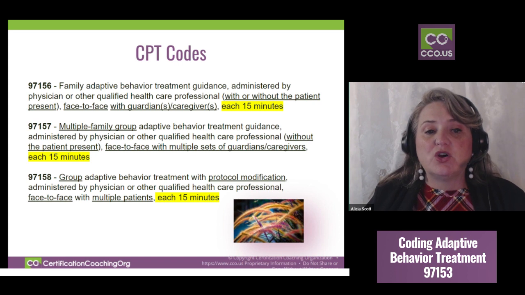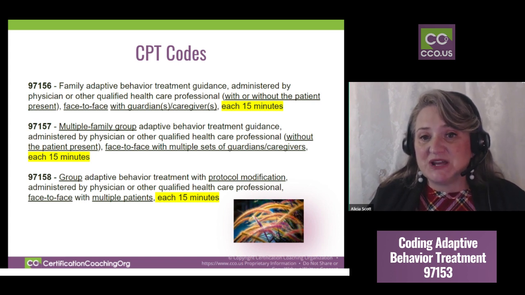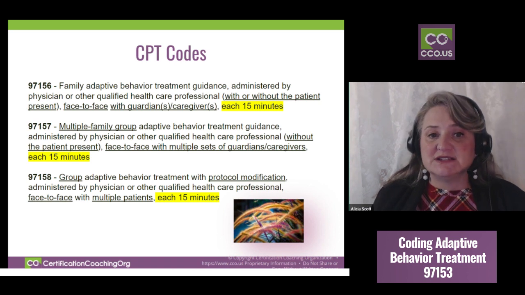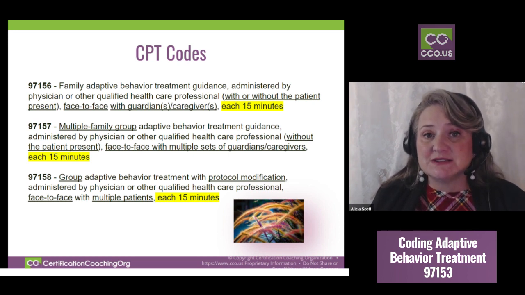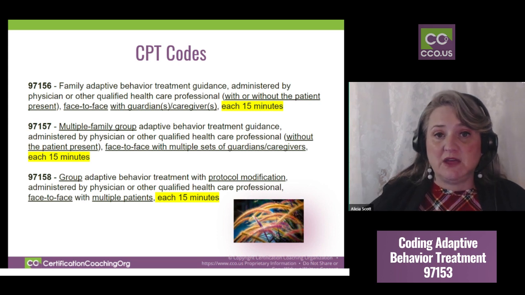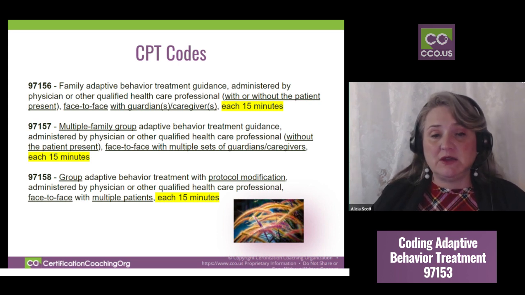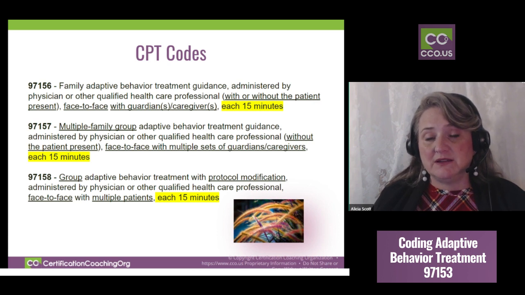Okay, and then it goes on to without the patient present. Now, 97156 is with or without the patient present. 97157 is without the patient present. So are they in the other room? Again, they could be in the other room. They could just not have been invited to the meeting.